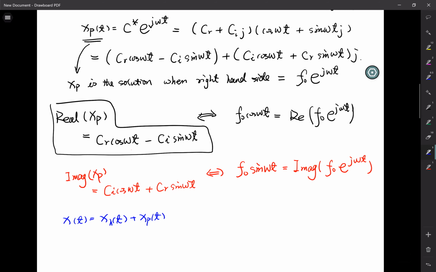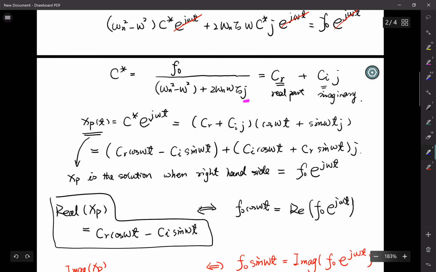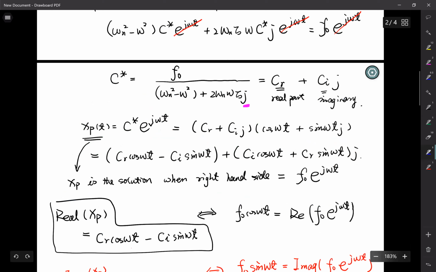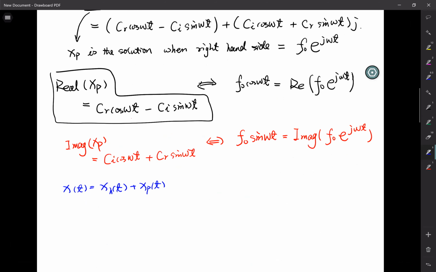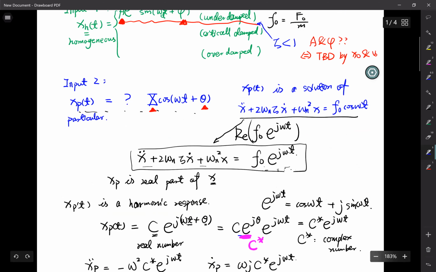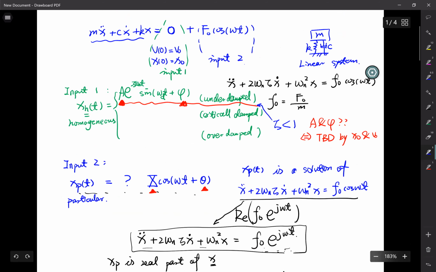And then let's go back to the original solution. We already know that, so everything in X_P is determined. So remember, in the final solution, we still have the amplitude A and the phase phi to be determined. So you have to plug in your initial conditions and then find your A and phi in the end.